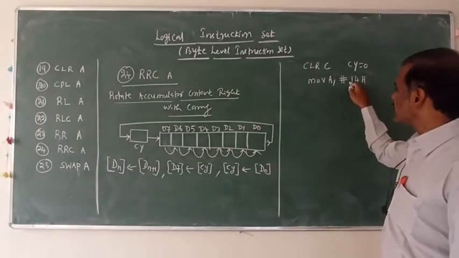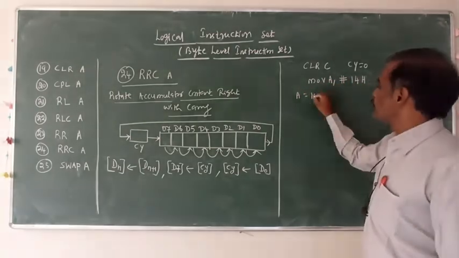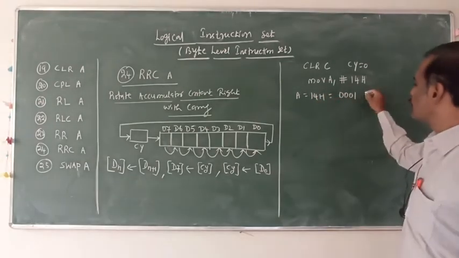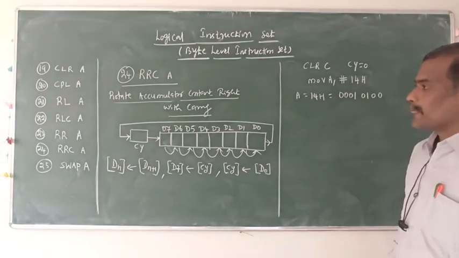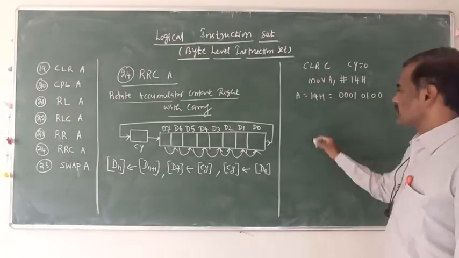The 14 data immediately moves to A register. Now register A equal to 14H. 14 means 0, 0, 0, 1, 4 means 0, 1, 0, 0. Okay. Now we have to give the RRCA.